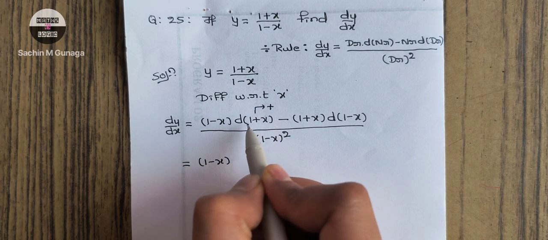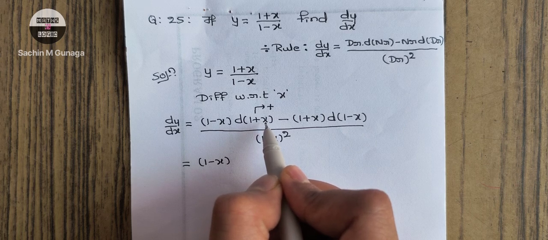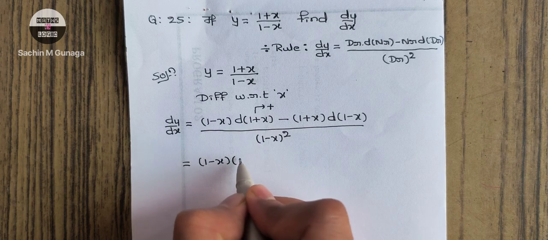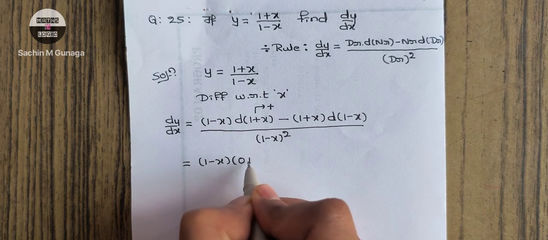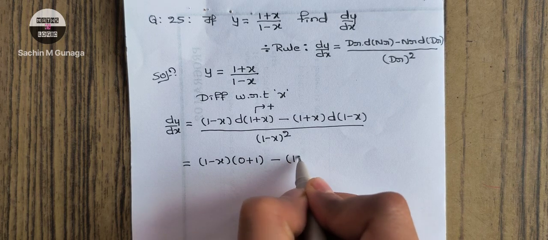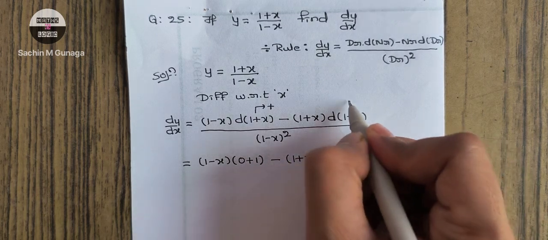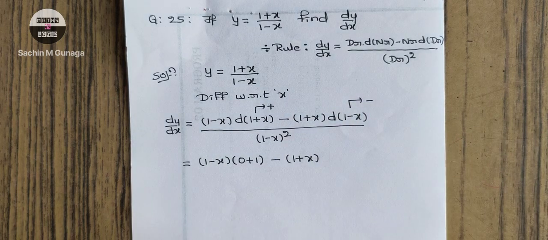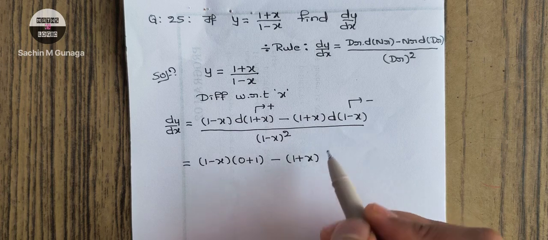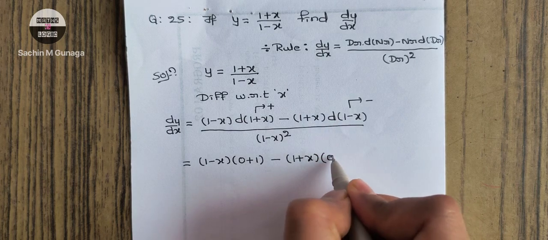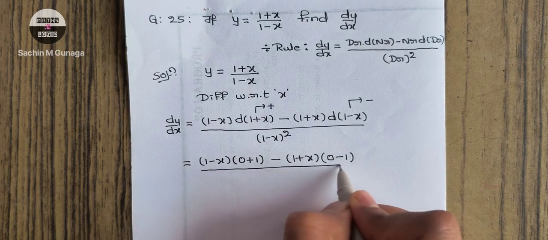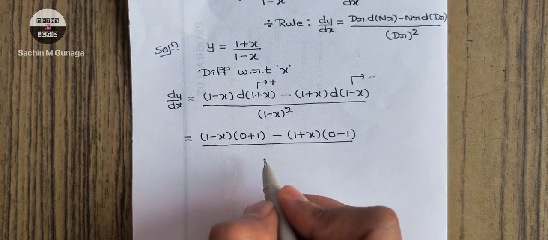Differentiate both the terms. Therefore the differentiation of any number, that is 1, directly goes to 0, plus the differentiation of x is 1, minus 1 plus x kept as it is. Again here we are going to apply the minus rule. What is the minus rule? Differentiate both the terms. Again the differentiation of 1 is 0, minus the differentiation of x is 1, divided by the denominator value kept as it is.